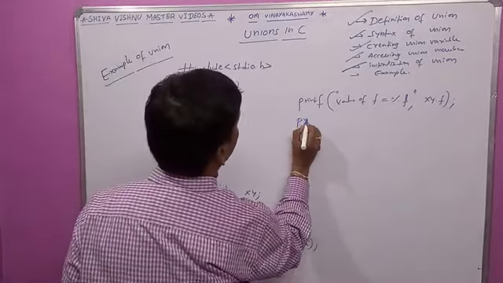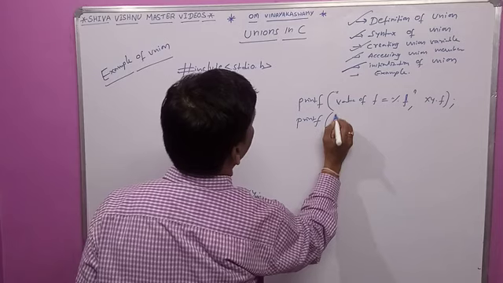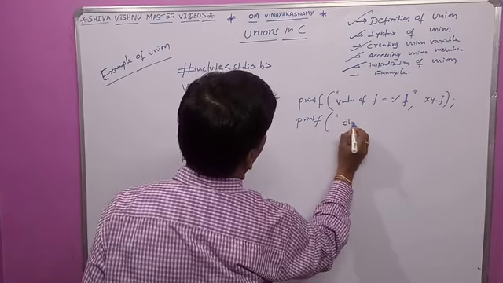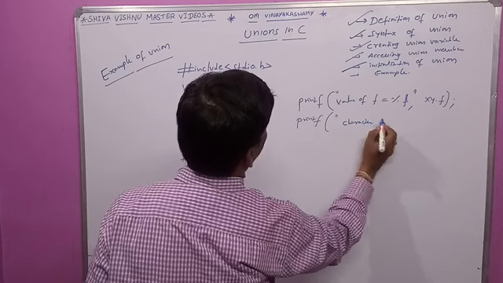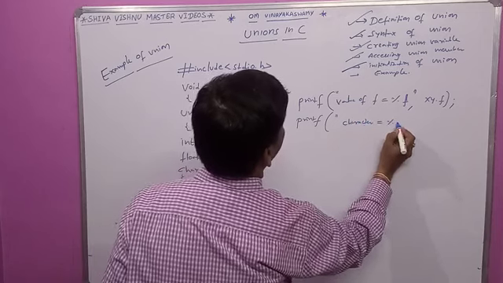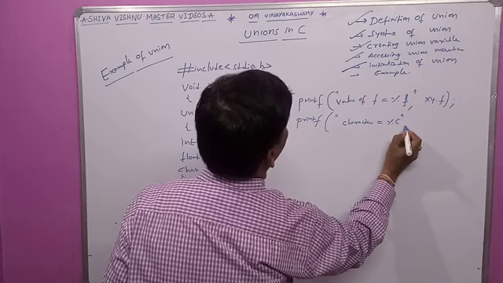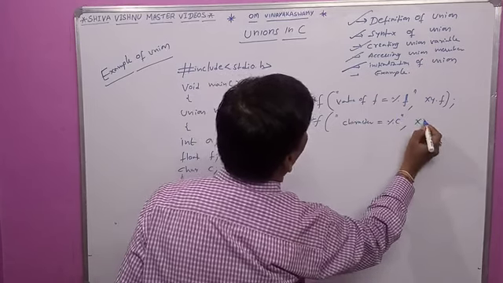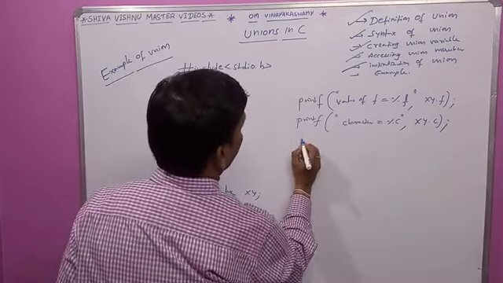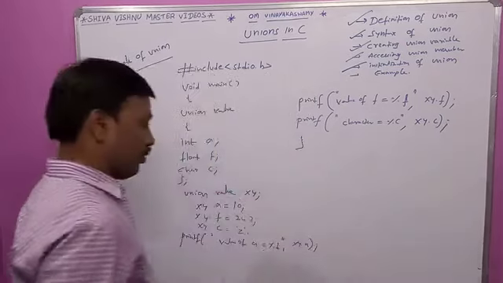Then printf, character equals percentage c, comma, xy dot c member. Now you can see that it is closed.